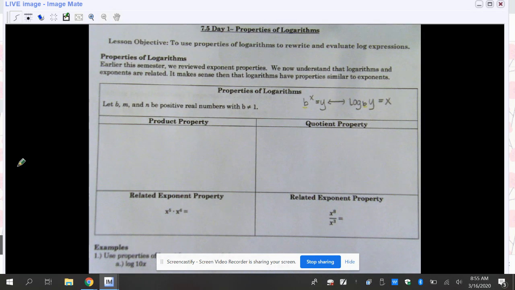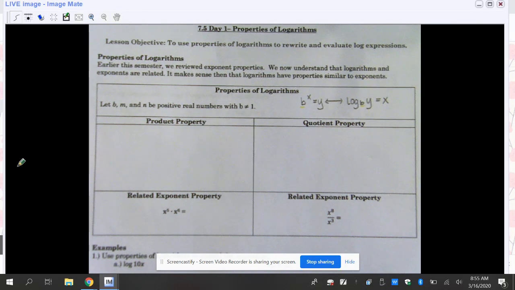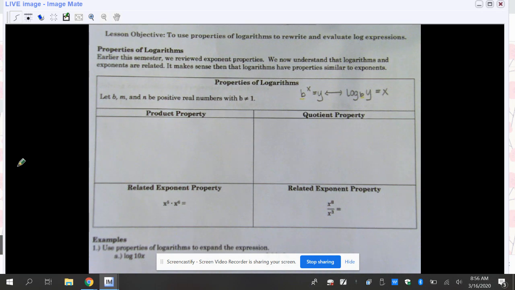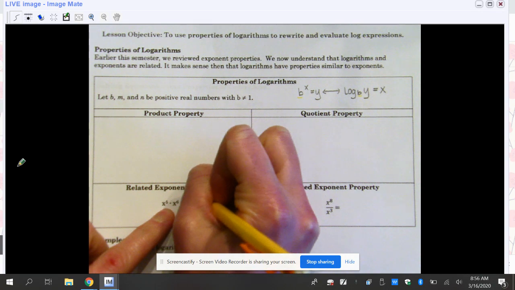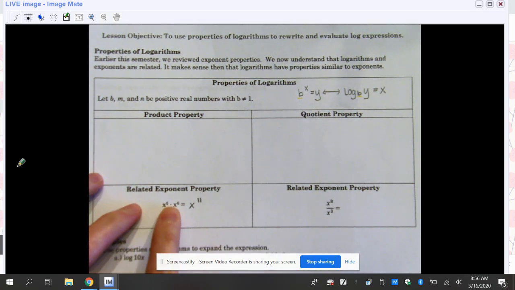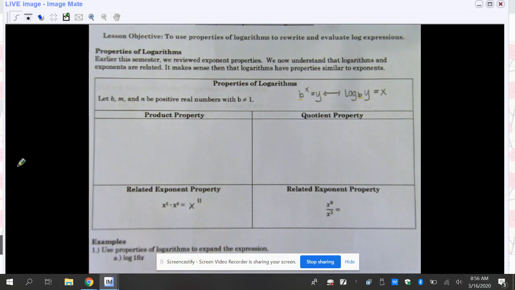Properties of logarithms are going to be helpful when we start solving equations using them farther down this unit. If we look at this related exponent property right here, we're taking x to the fifth times x to the sixth. When we multiply these together, to condense it from two to one, we add the exponents.